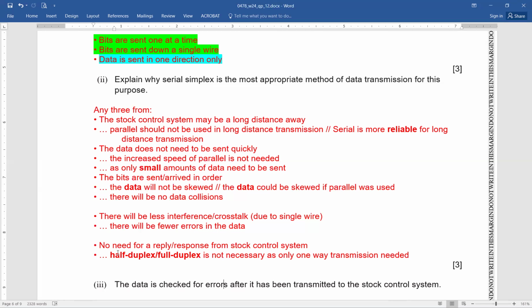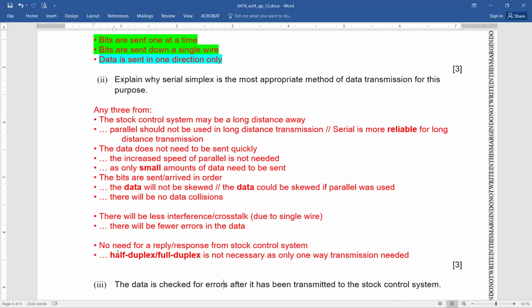I don't want the data to be skewed, because in parallel, the data can get skewed. And another one is that there will be less interference when you're talking about serial transmission, and there will be fewer errors. Now, these are the points that a student can mention to validate his reason of choosing serial transmission.